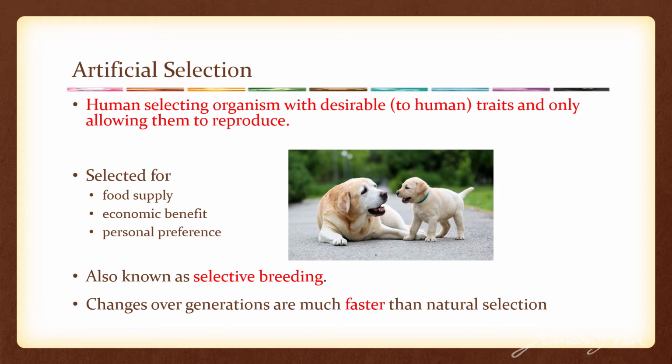In natural selection, the environment might change every now and then, and the selection pressure will shift. In this case, human will only select the cream of the crop to reproduce. And human, we have been doing this for thousands of years already. But how is this done?